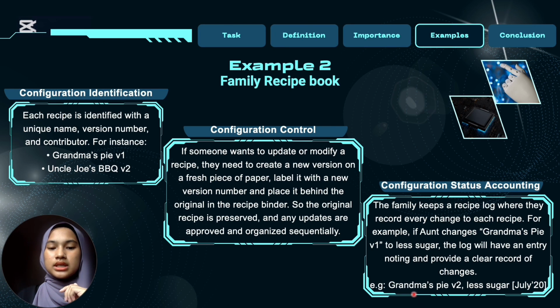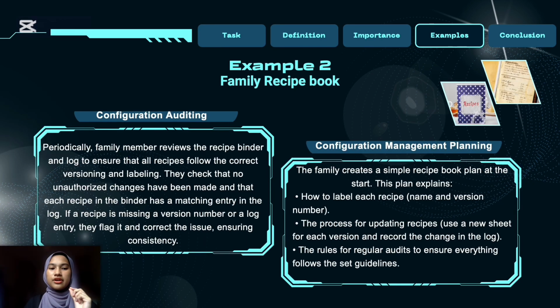For example, Aunt writes another entry for the recipe, Grandma's file version 2, less sugar, and the option. The next is configuration auditing. Occasionally, someone in the family, like a dedicated organizer, uses the binder and the logbook to make sure everything is in order.